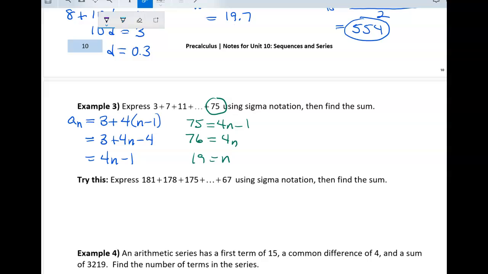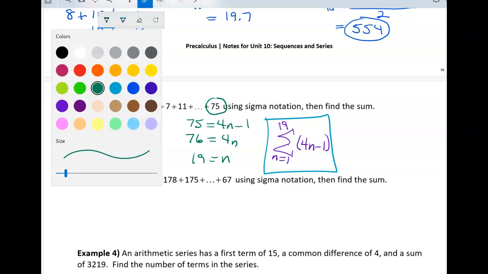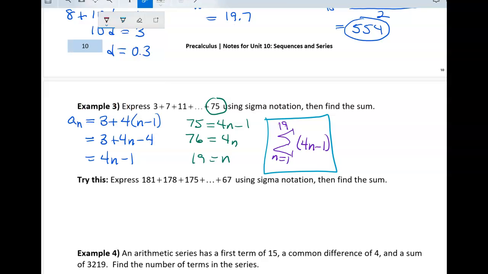Now we were asked to write this in sigma form. So in sigma form, this is the sum as n goes from 1 to 19 terms of the formula for the terms 4n minus 1. So there's one of our answers. And then they also asked for us to compute the sum. So let's compute the sum of this series.